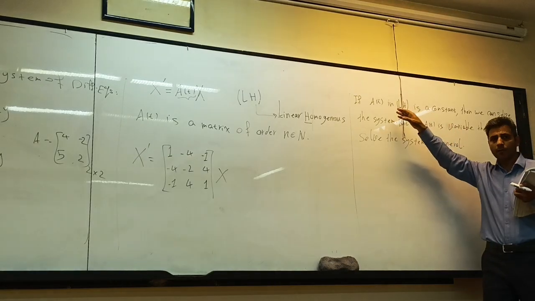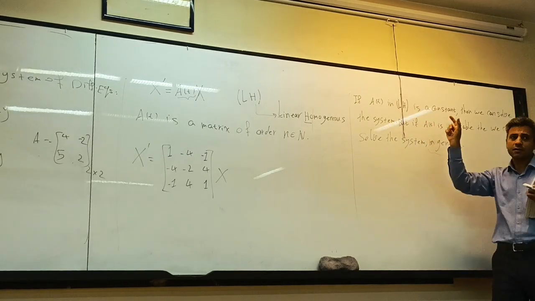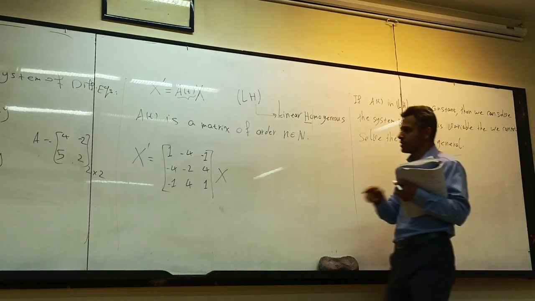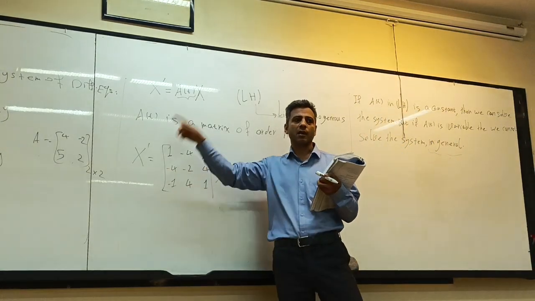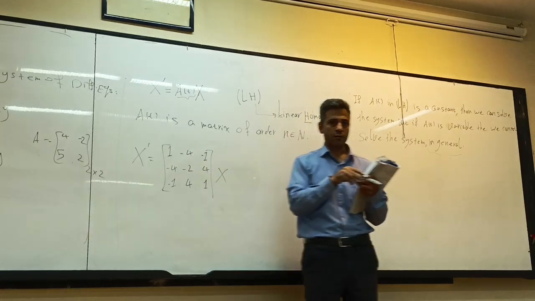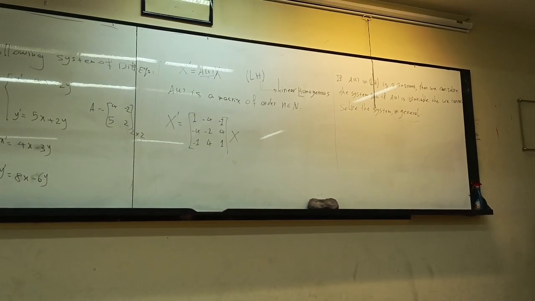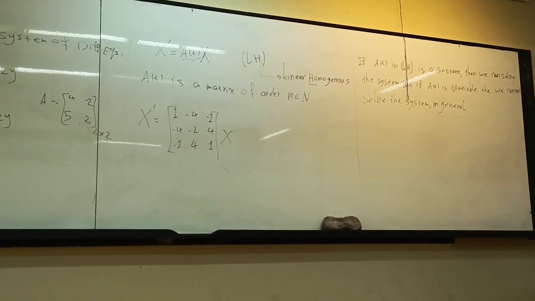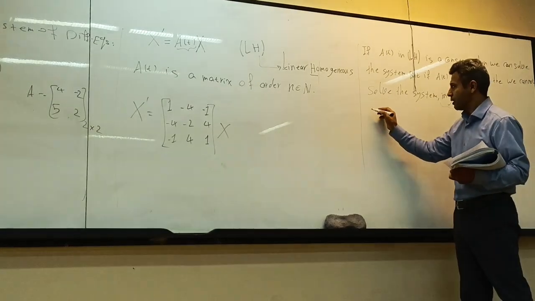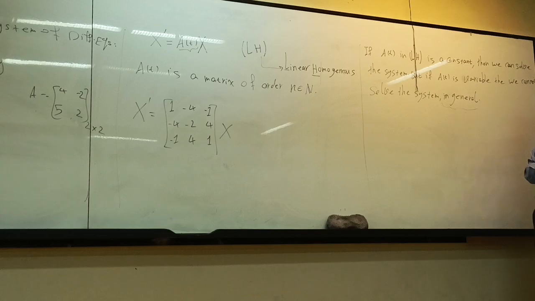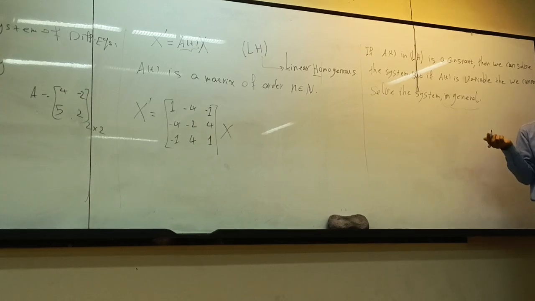For some variable A(t), we cannot solve. But for a constant A(t), we can always solve. Thus, since we cannot solve the system, we cannot obtain the solution.